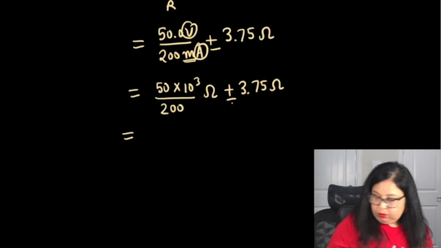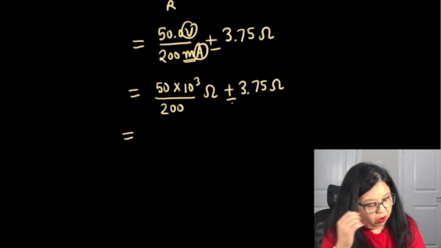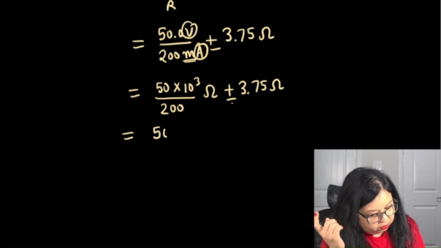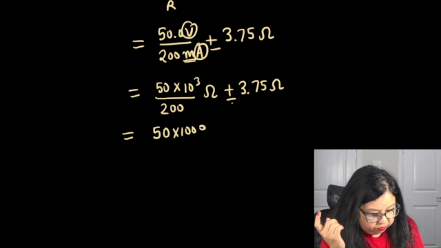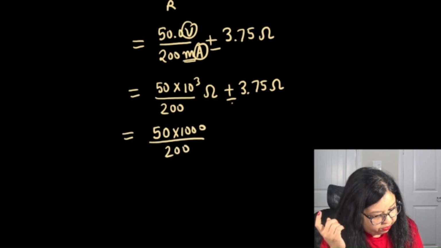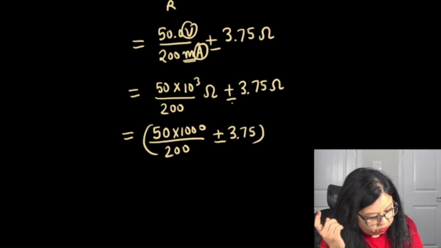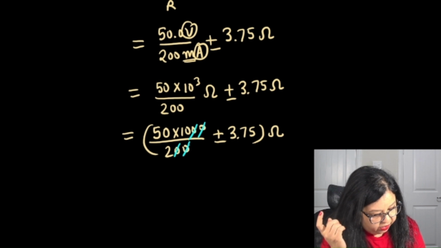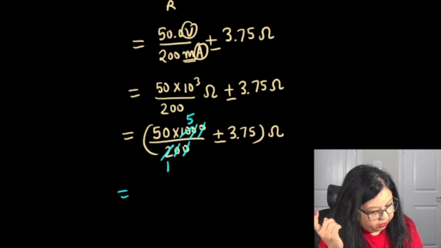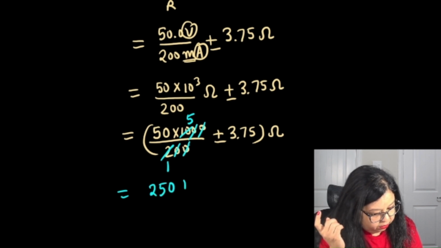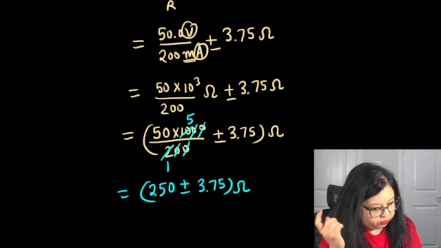What do we get here now? 50 times 1000 divided by 200 plus minus 3.75 ohms. 2 zeros cancel out. 2 goes into 10 5 times. 5 times 50 is 250 plus minus 3.75 ohms.